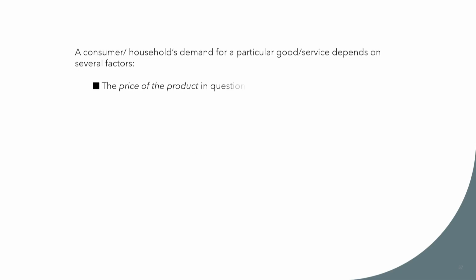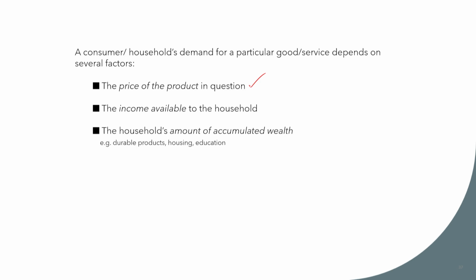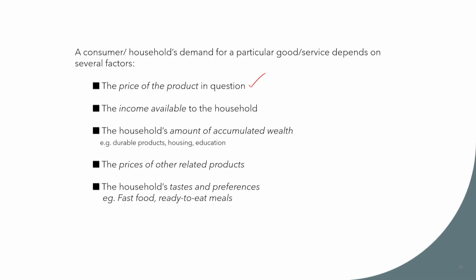So what if we change the ceteris paribus assumptions? As you already know, consumers' household demand for a particular good or service depends on several factors. One we already discussed, which is the price of the product in question. Then what if there are changes in income available to the consumer, accumulated wealth, prices of other related products, household tastes and preferences, and their expectations about future income, wealth and prices?